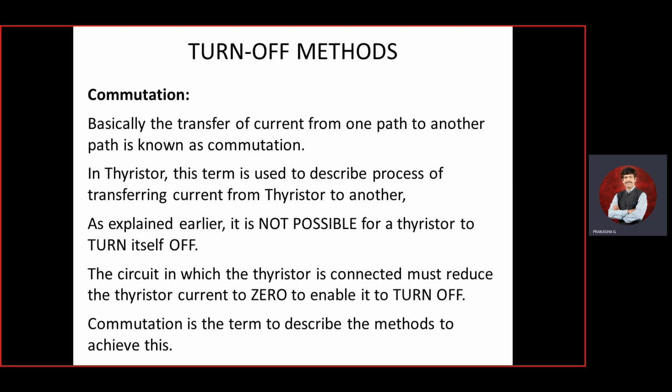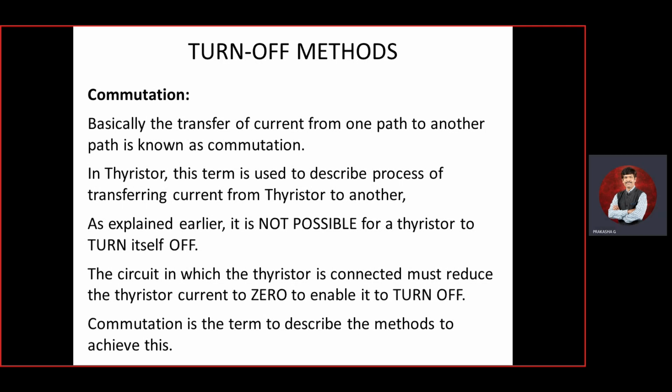We need to have some type of circuit, a basic circuit set up with some basic components, which will try to send a zero current in such a way that the thyristor can go to the turn off state.